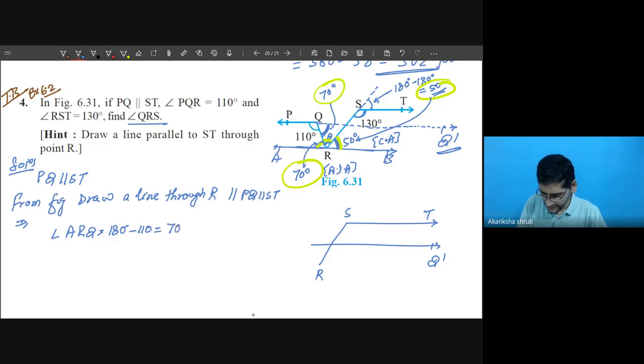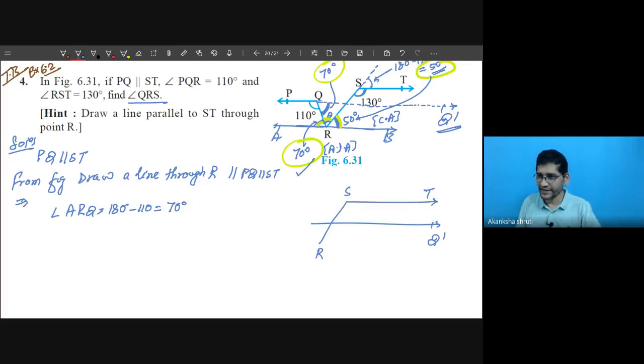This was 70 that we had calculated. I have written just this one. I am giving you the way of writing, though I had explained it there.